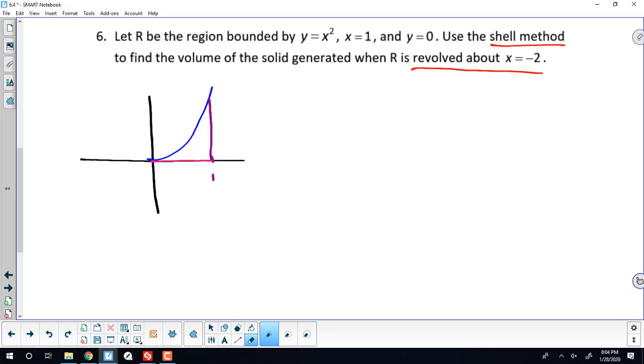We're going to revolve that about x equals -2. I probably should have left even more space, but we're going to revolve it around this axis here.